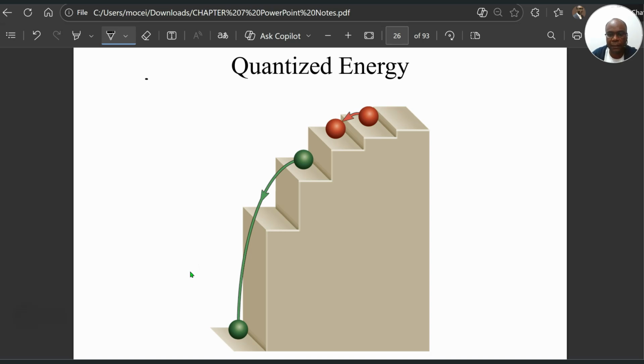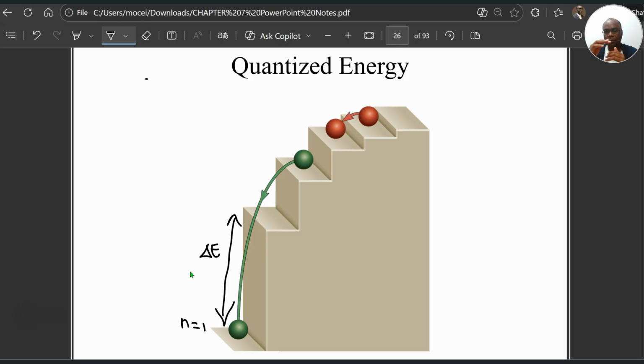If this is a staircase, call this n equals 1. There's going to be a big difference in energy, delta E. That's the quantization, cutting energy in chunks. So this is n equals 2, and then this is going to be another change in energy. Let's call this delta E1, this delta E2, and then we get to n equals 3.